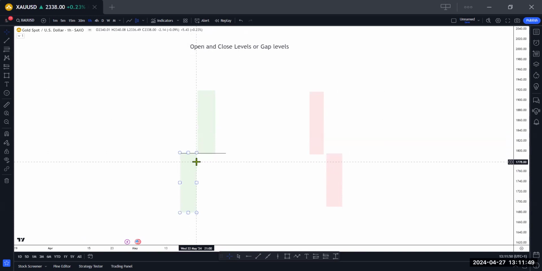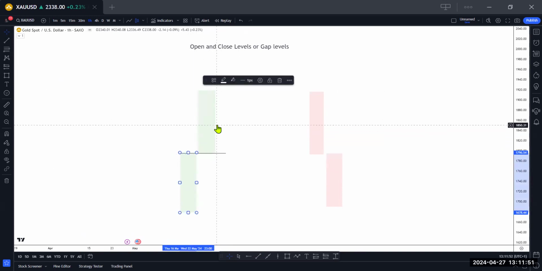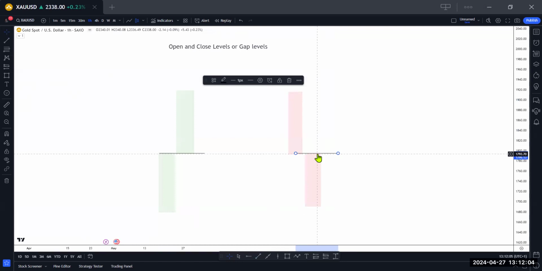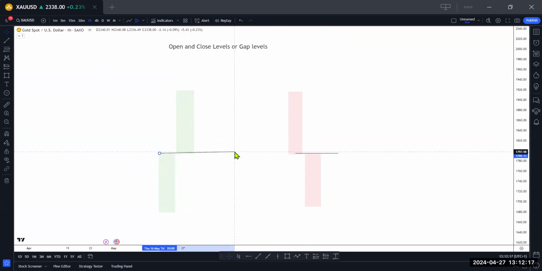So a bullish candle closed here, another bullish candle opened here to continue price higher. For a bearish scenario, the bearish candle closed here, another bearish candle opened at this exact same price. That tells you there is a lot of buy momentum in the market.